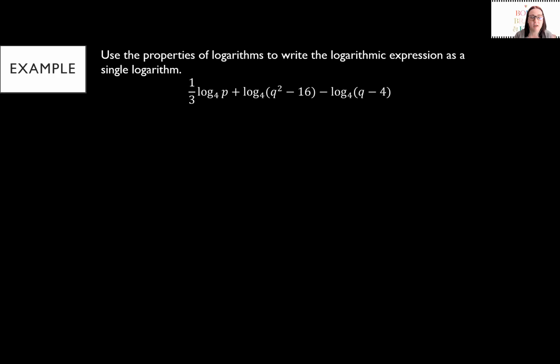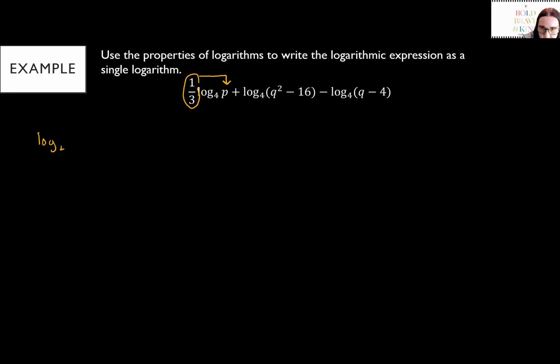So we don't have any distributing that we need to do here. So we can go straight to our power property, where we're going to take this 1/3 and that is going to become the exponent on the p. And that's the only coefficient we have, so that's the only thing that's going to get an exponent. The rest of these don't have that to worry about.